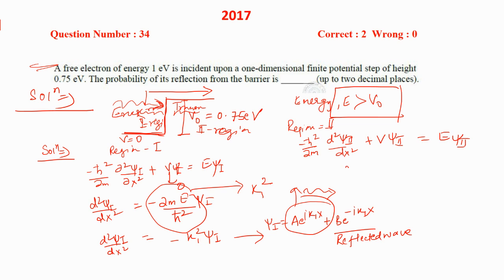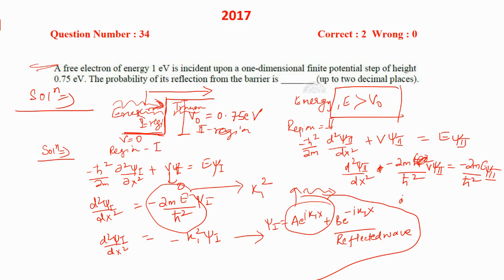Then d2 psi 2 by dx square is equal to 2m upon h cross square, V minus E, psi 2.